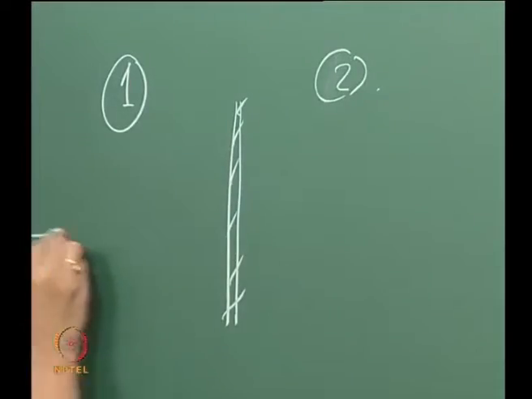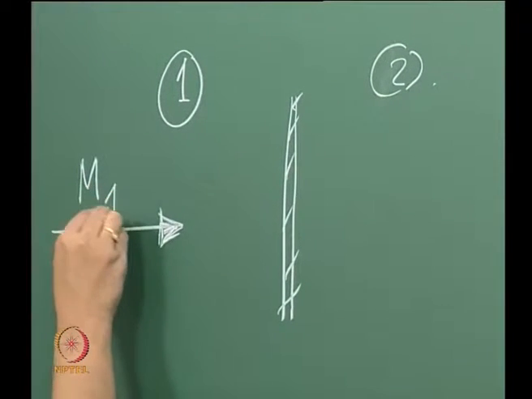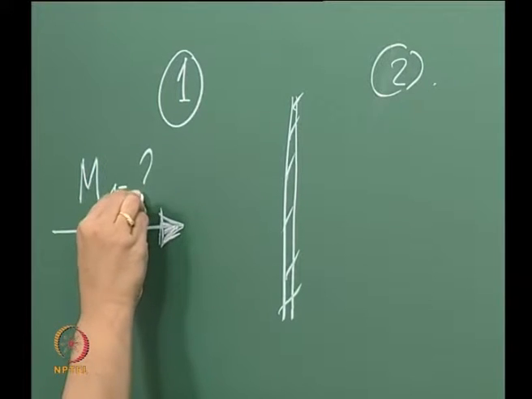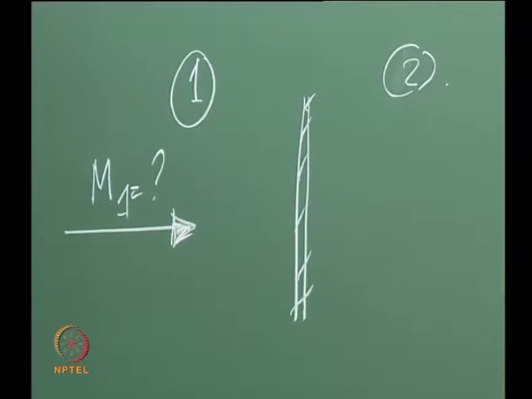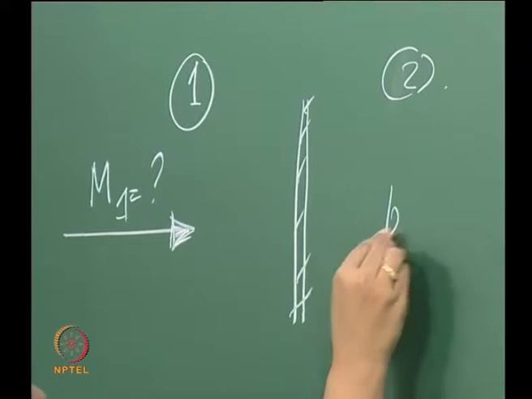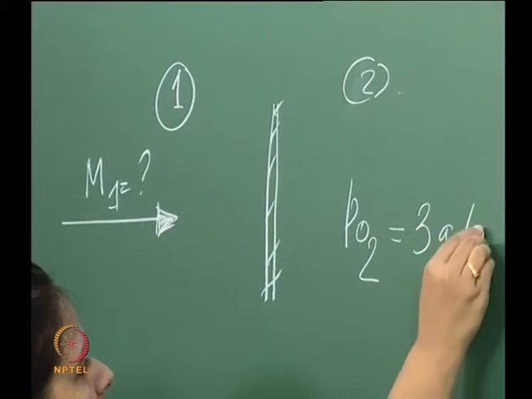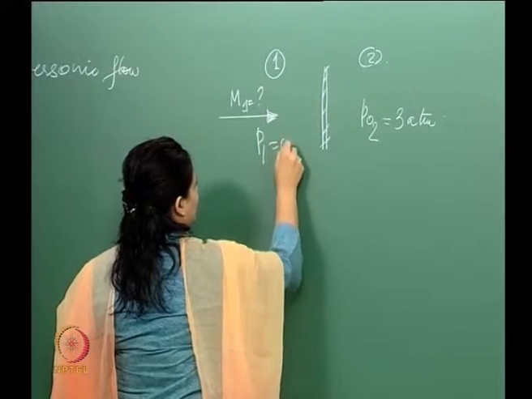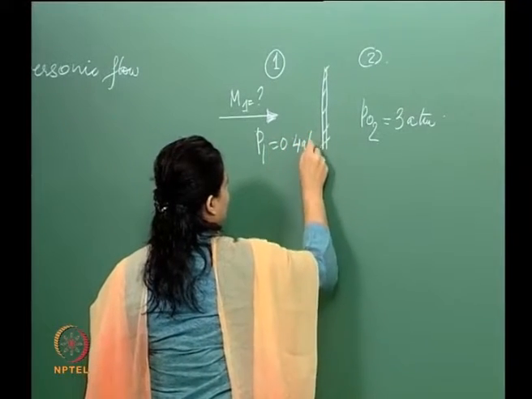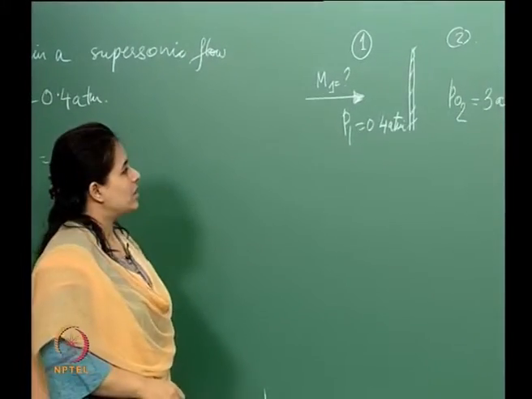basically we have a flow coming in here. What we require is this, and what we know is this.